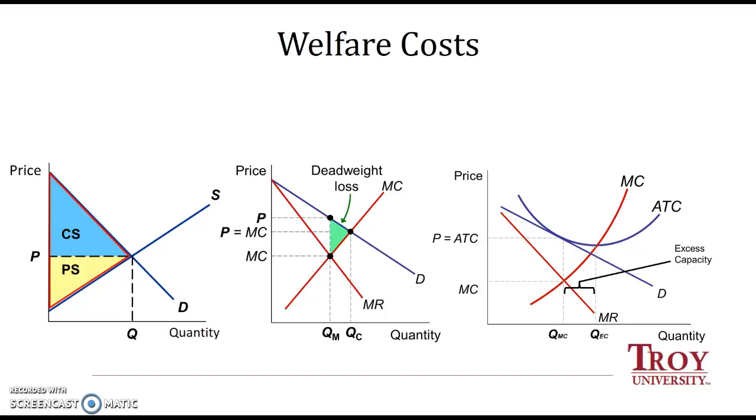Next, firms are also providing benefits to consumers in the form of product differentiation. If you consider clothing as a general good, it is not going to be too differentiated. But once we start breaking clothing into different categories, we see that there are many brandings, many styles of clothing.